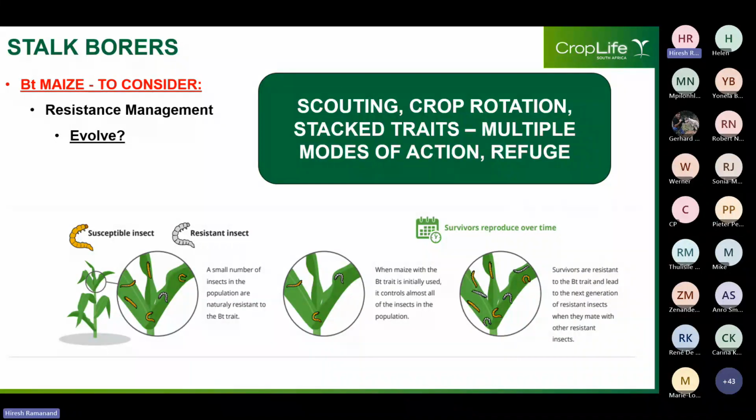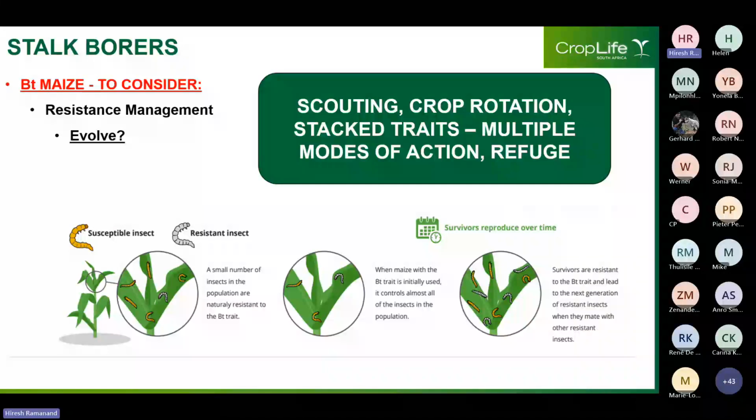Now, while I have been mentioning a refuge area, I have not quite explained exactly what this entails. A refuge is the mandatory planting of an area of the same crop without the Bt trait adjacent to the Bt crop field. The refuge then maintains a population of susceptible insect pests not exposed to selection pressure from the Bt protein.